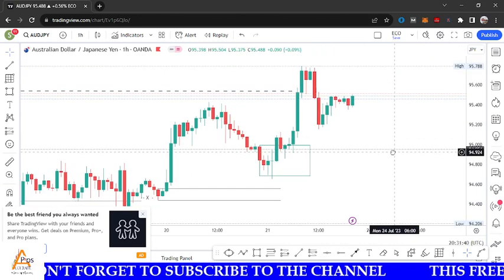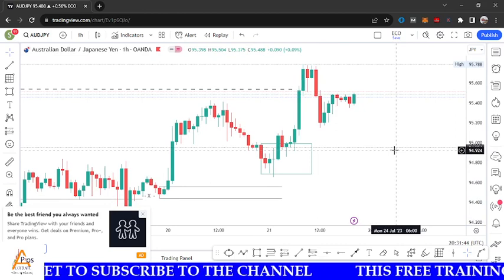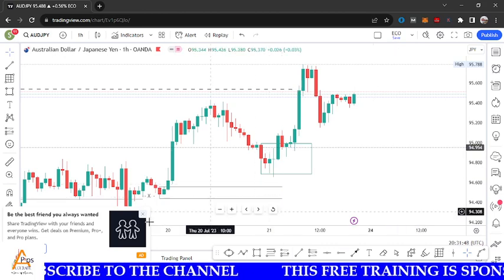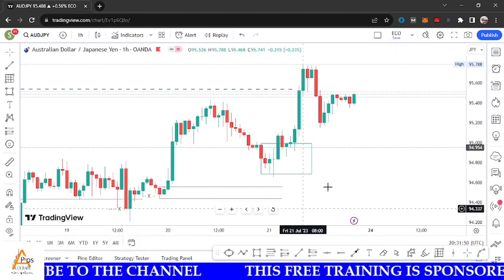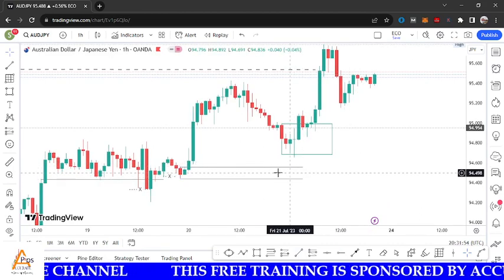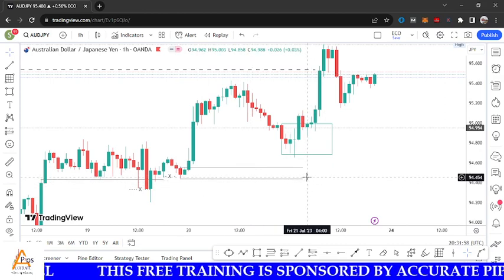But right now, if I say that, I'll be saying that with less confirmation, okay? Because I'm only doing this example on H1. I'm not doing full analysis, okay? All right. So here, the market didn't tap here. So this is an unmitigated valid order block.